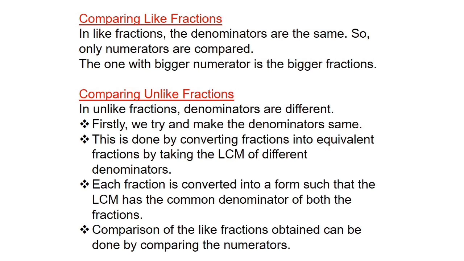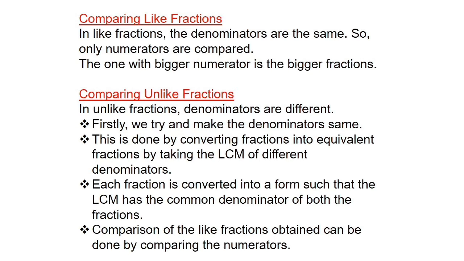Let us compare the like fractions. In like fractions, the denominators are the same, so only numerators are compared. The one with the bigger numerator is the bigger fraction. Let us compare unlike fractions. In unlike fractions, denominators are different. To solve them, firstly, we try and make the denominators the same.